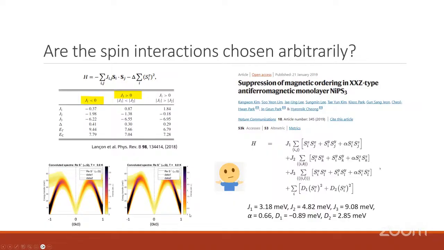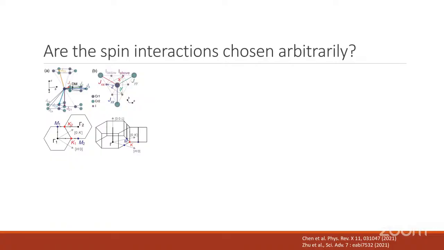This gives us a sense that maybe there's some arbitrary choice for your spin system. We don't like it, but this is the real world.